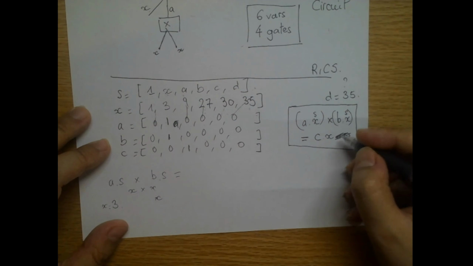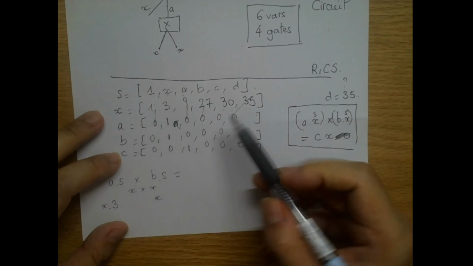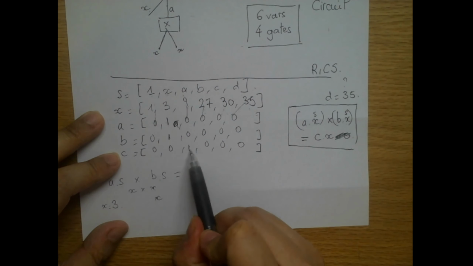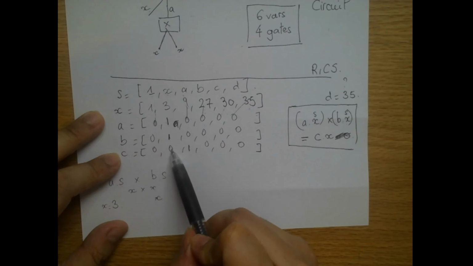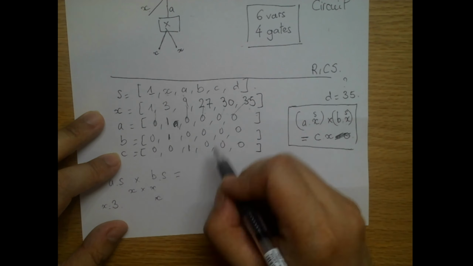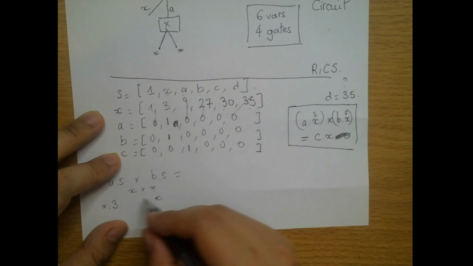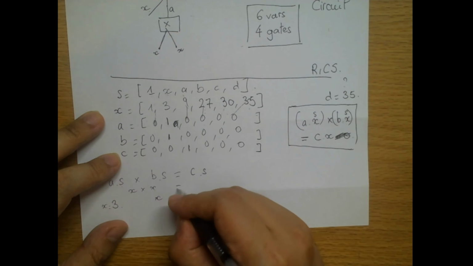So the C terms here would do the product of this vector 0 0 1 0 0 0 with this guy. So 0 times 1 is 0, 0 times X equals 0, 1 times A equals A, and all the other guys are going to be 0 as well. So this is going to be X times X, and then the C scalar S will give you A.